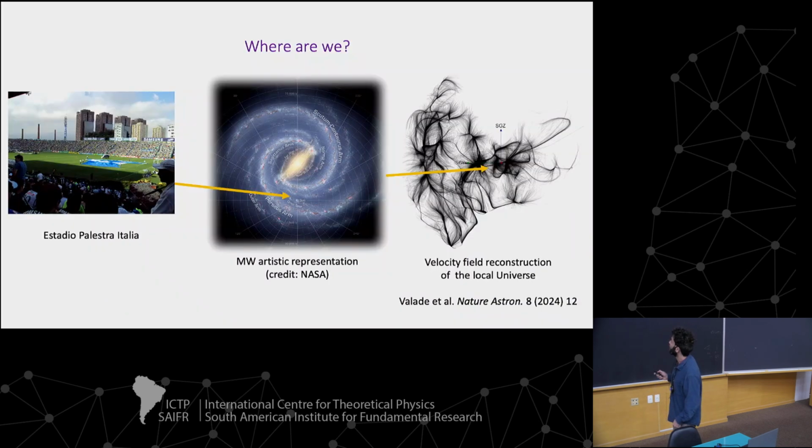Okay, so just to give some scales in perspective, we are more or less close to the Stadio Palestra Italia, and since I'm Italian, this is a palestra, I thought it was interesting to use this image. And this place is located more or less here around the Milky Way.